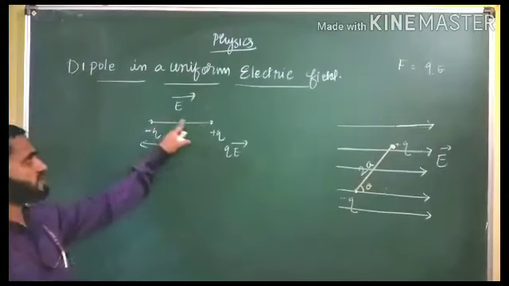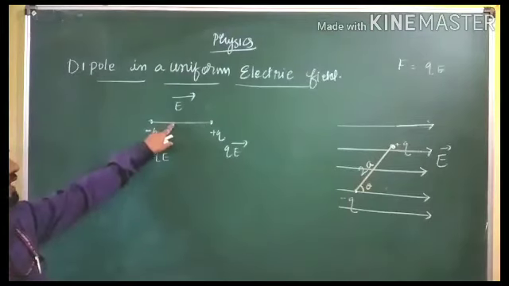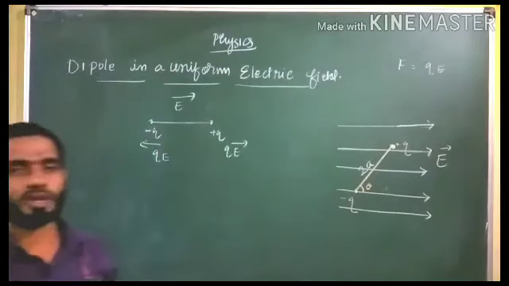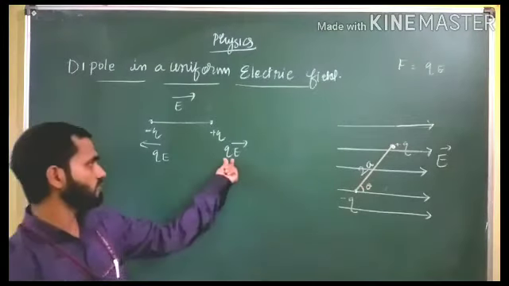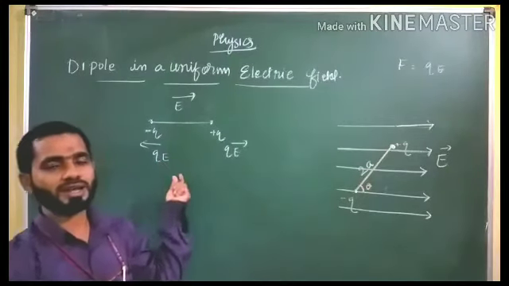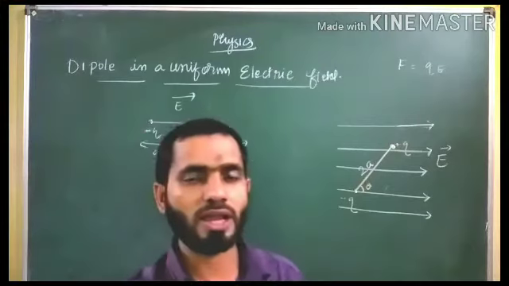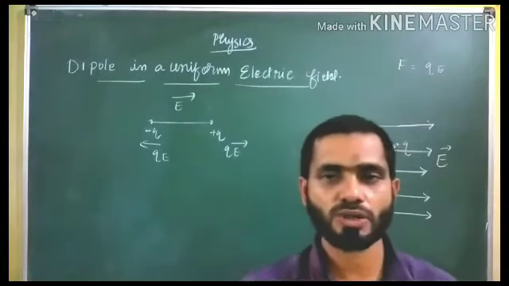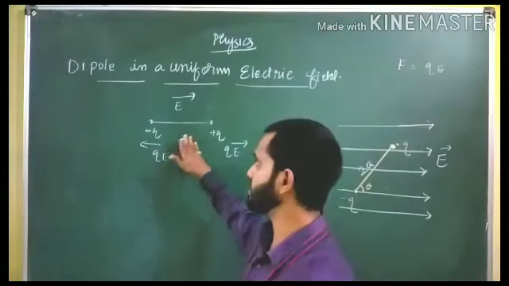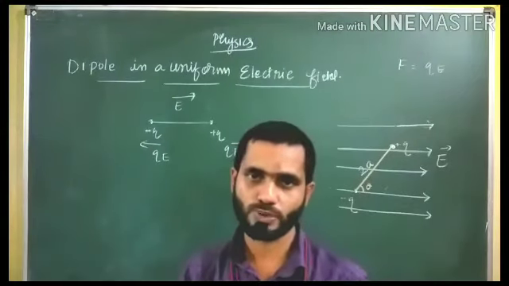Now two forces act on this body, and the net force will be zero, because these two forces are equal, only the direction is different, so these two forces cancel each other out. And here no linear motion is possible.